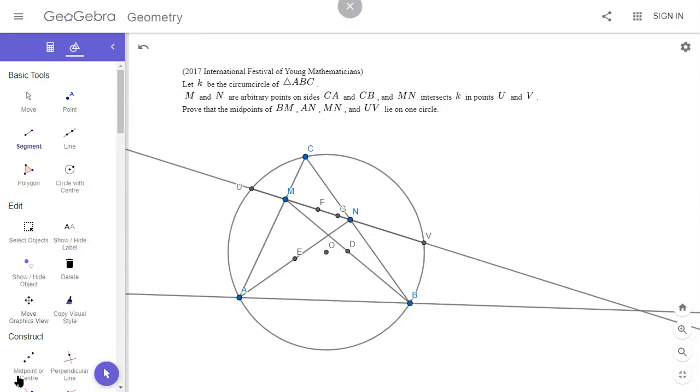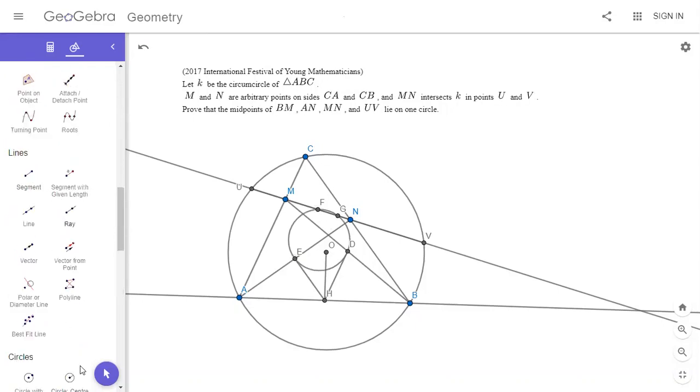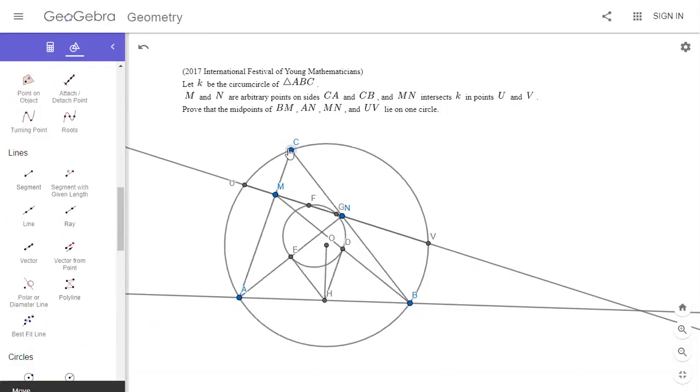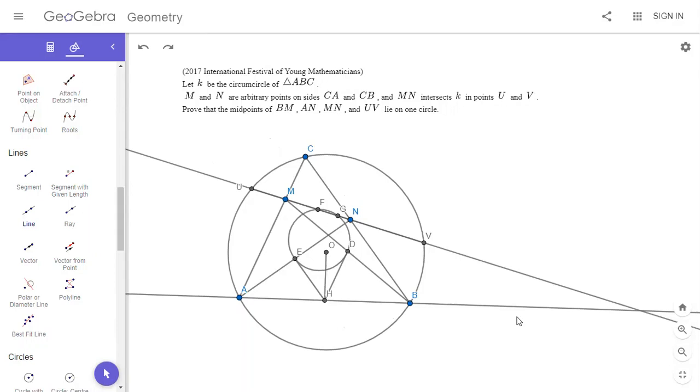If we label the midpoint of AB, then OH is perpendicular to it, and these are both parallel, right? Let me just draw the circle just for the heck of it. Are those tangent to the circle? I don't think so. No. But we also have OG perpendicular to UV.